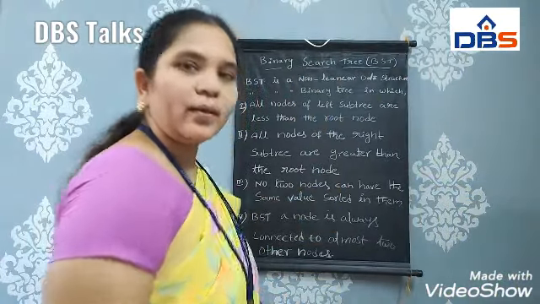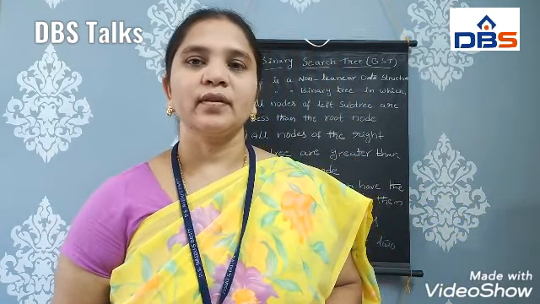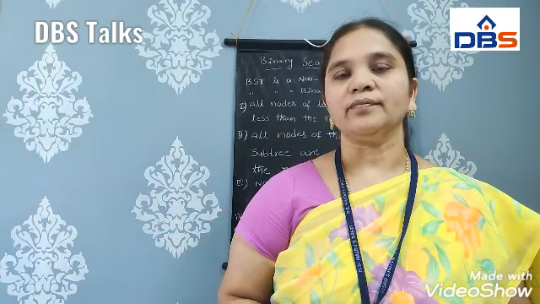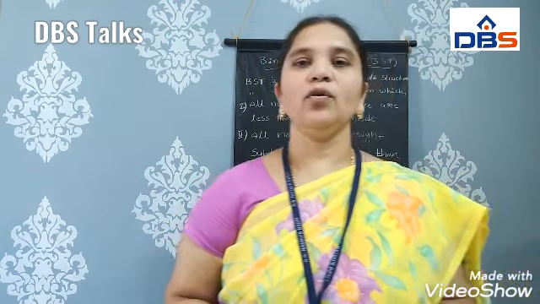A binary search tree is a non-linear data structure. So what is the definition of a binary search tree? All nodes of the left subtree are always lesser than the root node, and all nodes of the right subtree are always greater than the root node.